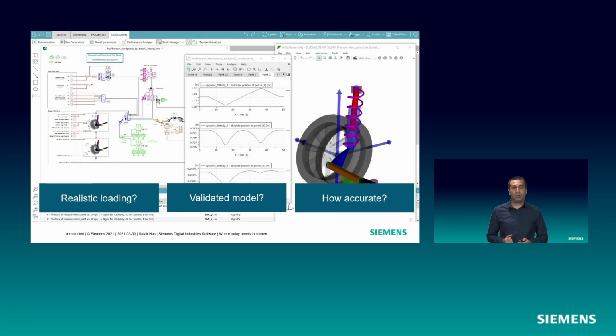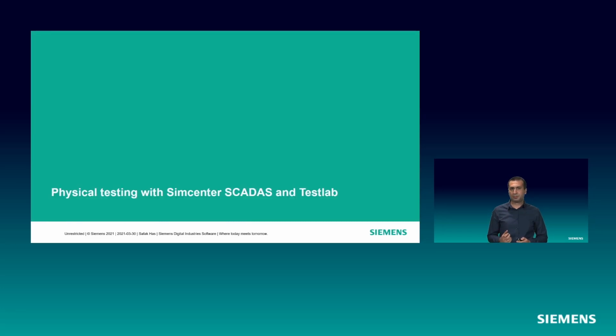At the same time, it is also quite crucial that the model be validated and accurate enough, so that this loading on the wheel center will be cascaded to the upper components correctly, let's say. So these are the main challenges when we use only system level simulation.